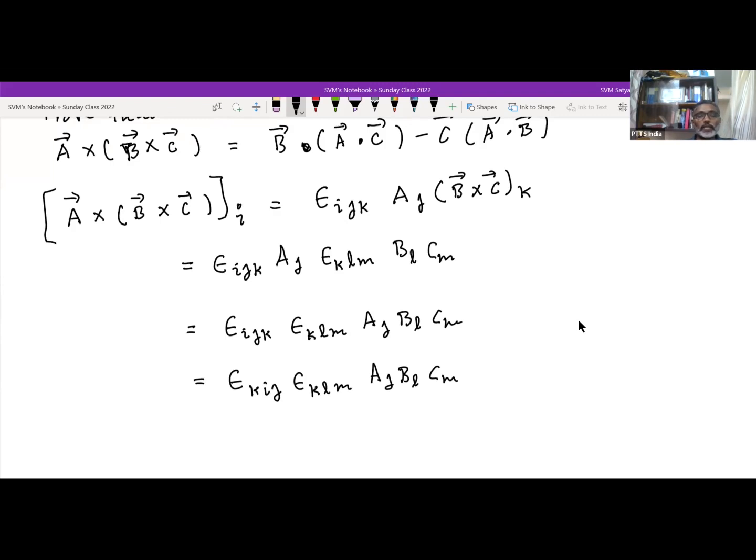Of course, here, what is free index here? k is summed over, j is summed over, l and m are summed over. So you will get only i, because on the left hand side only i is the free index, right? So now I'm going to use that result. This can be written as delta il delta jm minus delta im delta jl into aj bl cm.